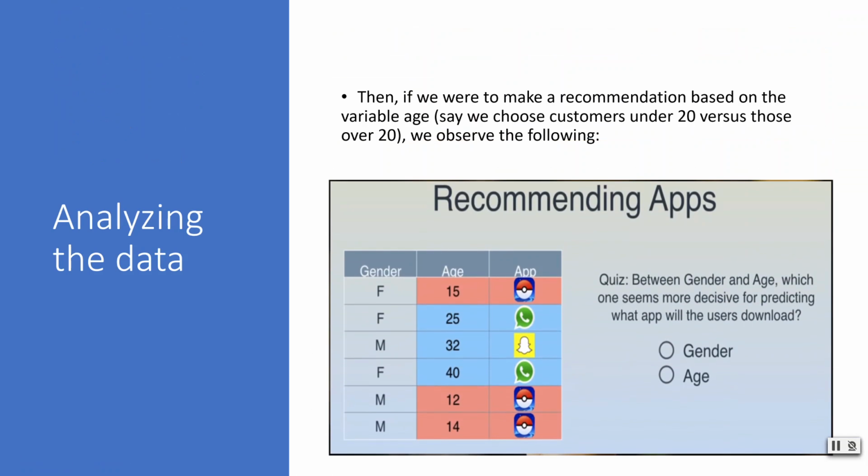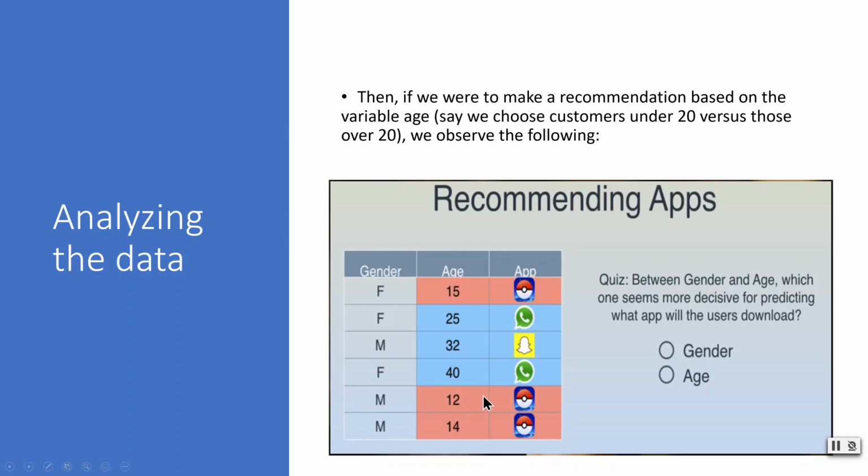So if we decide to make our recommendation based on age, just age alone, and we decide to make a split for customers who are younger than 20 years old, so 15 years, 12, and 14, it appears we have a more decisive hit here. In other words, age seems to be providing more information in making a decisive recommendation to our future customers.